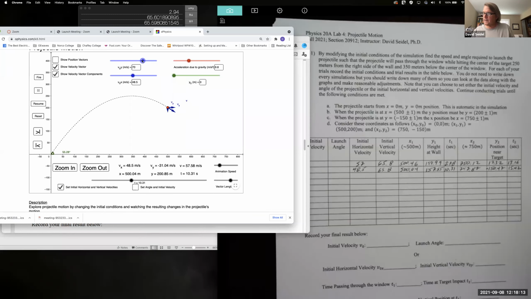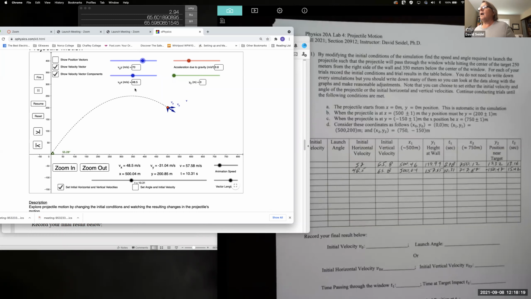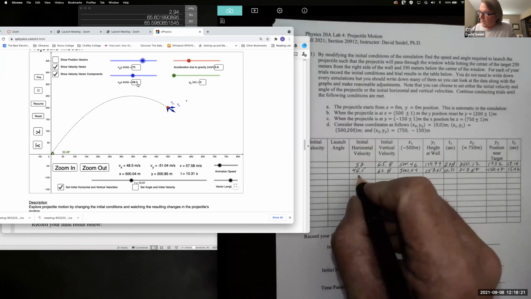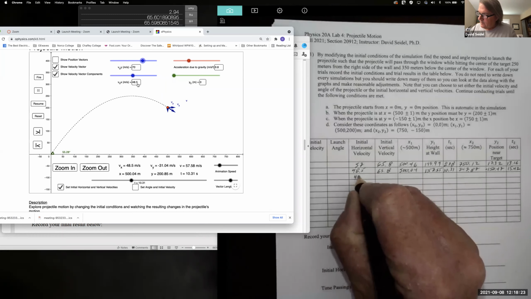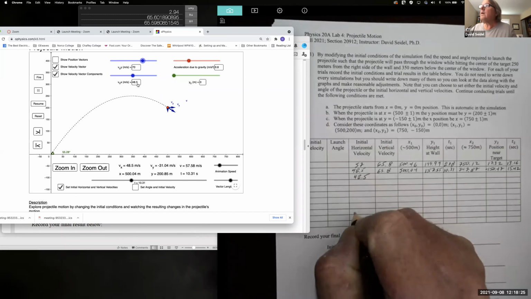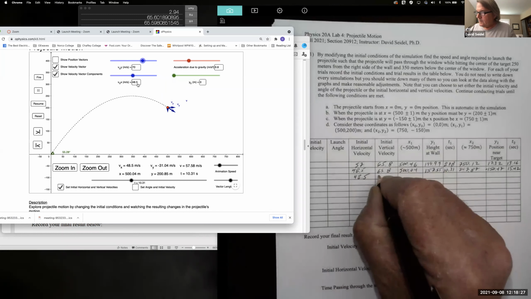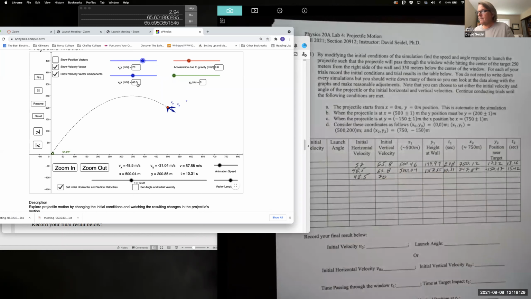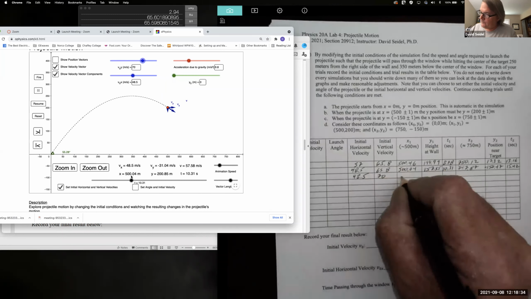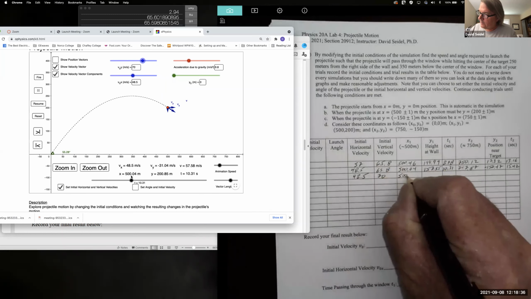So now my next guess, I'm going to do a horizontal velocity of 48.5. And now 70. Now X1 is 500.04.